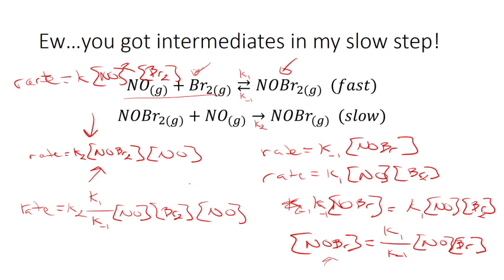So if we substitute, k2 k1 over k-1 just equals k, and we rewrite this as k times NO squared Br2.